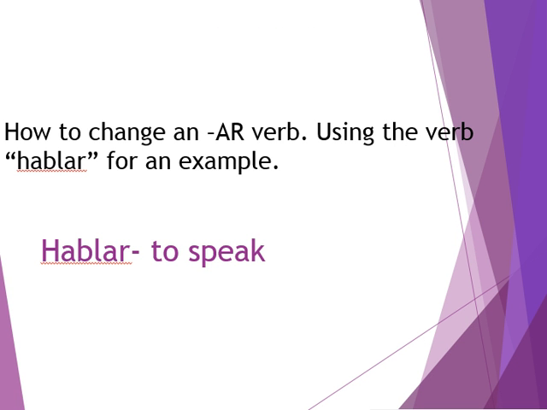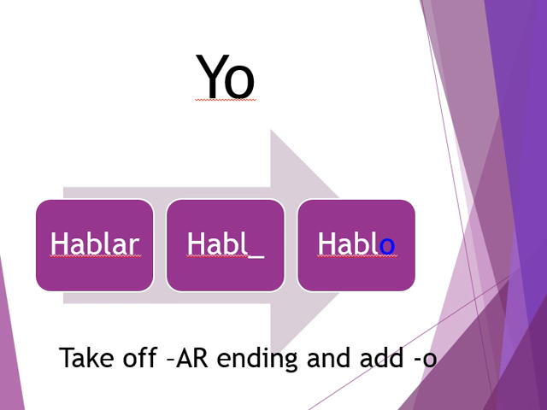For this example, I'm going to use the verb hablar, which means to speak. For the yo form, the first step I would have to do is put my verb into its stem form. Notice that I had taken the AR off of the verb hablar and was left with the stem HABL. Since I'm going to be using the yo form, I would then add an O, and my verb hablar would then change to hablo.